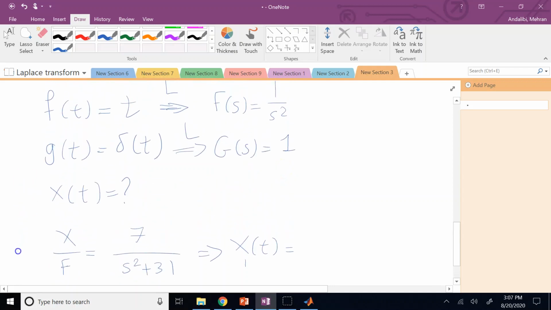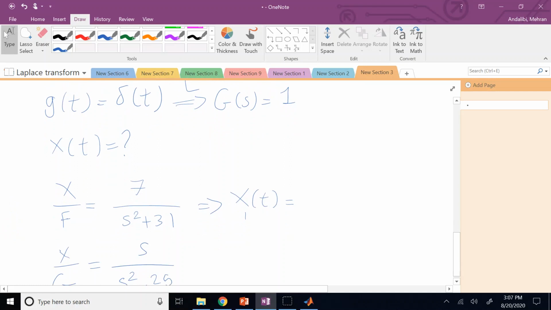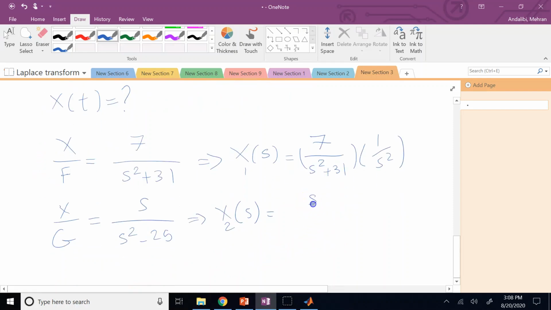So this f, I know it, right? It's 1 over s squared. So it is going to be 7 over s squared plus 31 times f of s, which is 1 over s squared. Then from here, x2 of s, the output due to g, is going to be s over s squared minus 25 multiplied by g of s, which is 1.